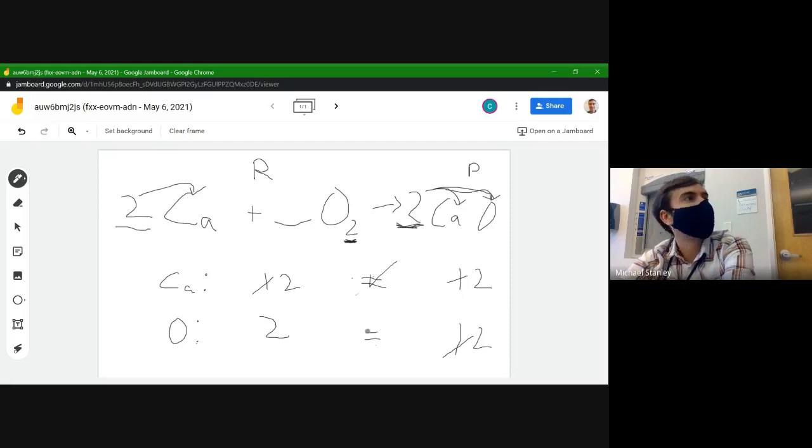That checks out. We have an equal number of Ca's and O's on either side. So this is a fully balanced chemical equation. Our final equation is 2Ca plus O2 gives us 2CaO. 2 calcium plus oxygen produces 2 calcium oxide.